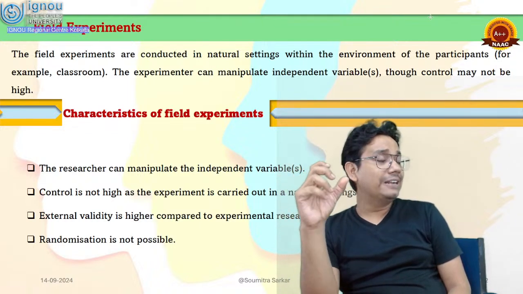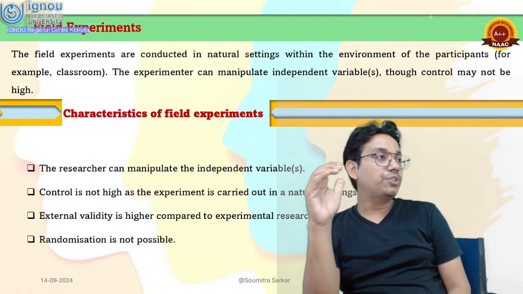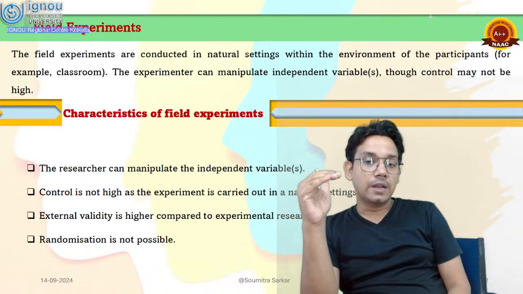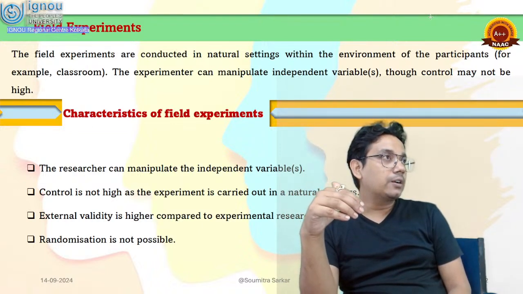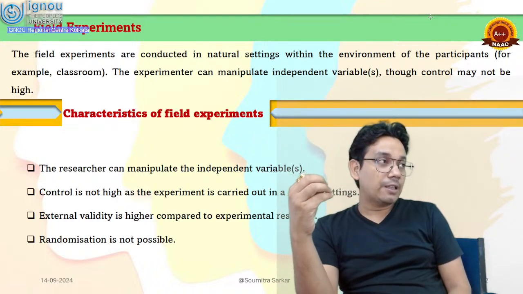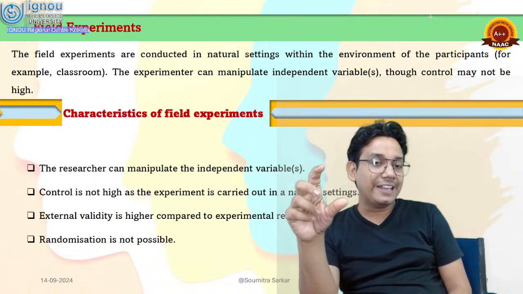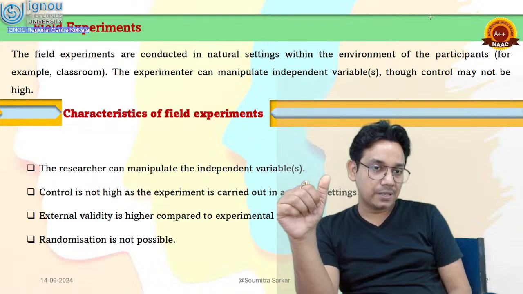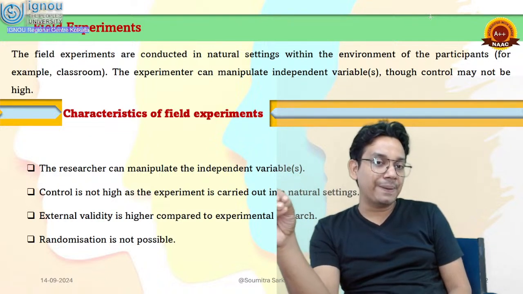So in a field experiment, it is said that within a proper setup, within a proper environmental orientation, participants can experience the variables and their views, and the researcher also manipulates the independent variables to figure out their importance, their changes on dependent variables.